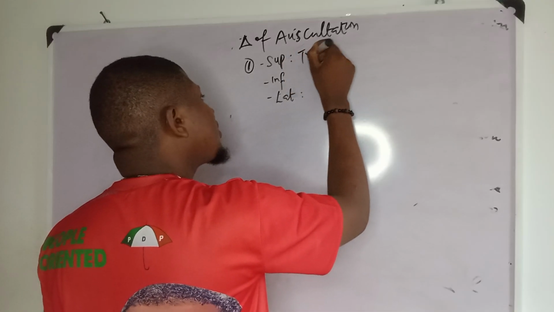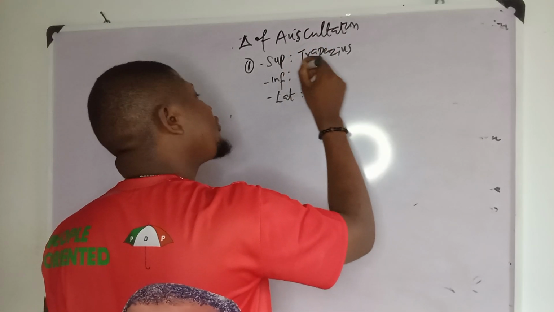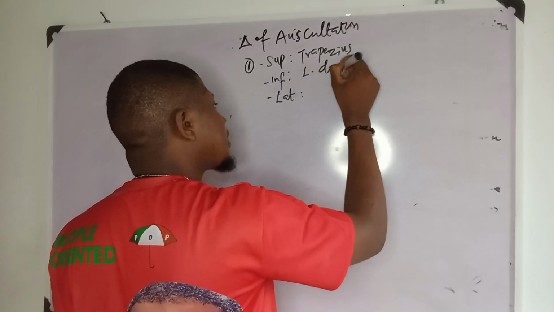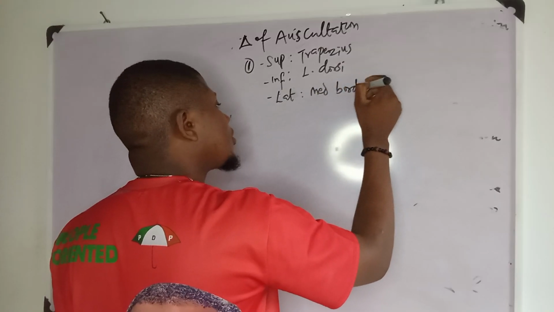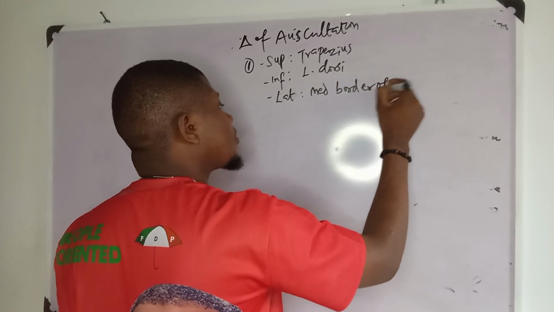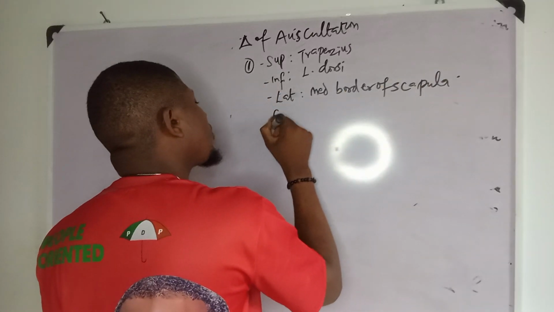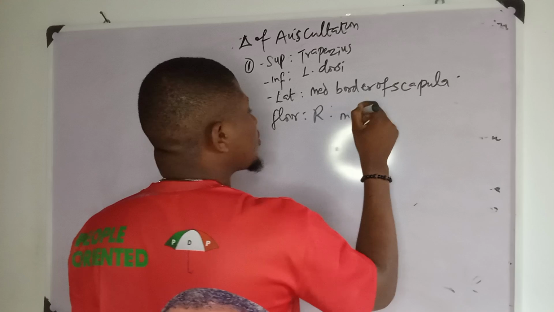Superior is formed by trapezius, inferior is formed by the latissimus dorsi, and lateral is by the medial border of the scapula. Then what forms the floor of this triangle is rhomboid major.